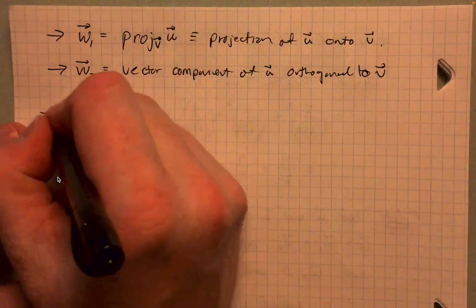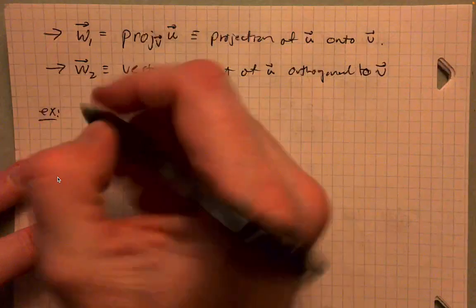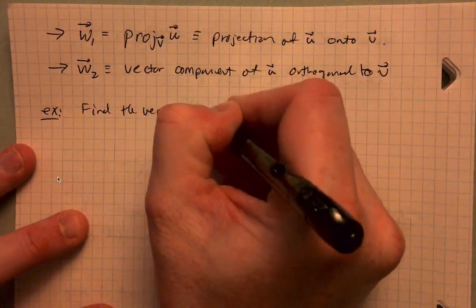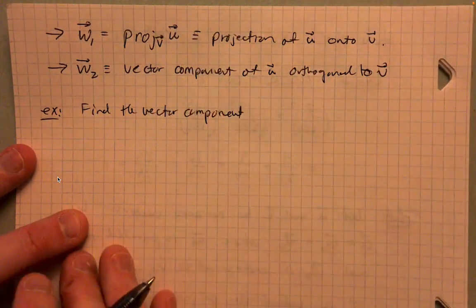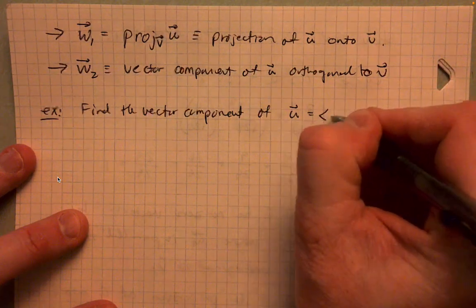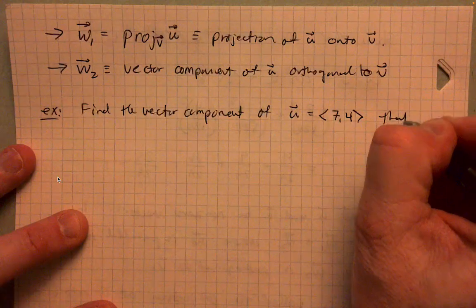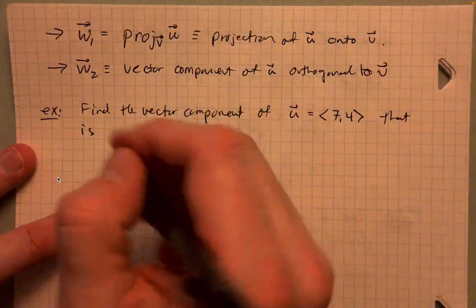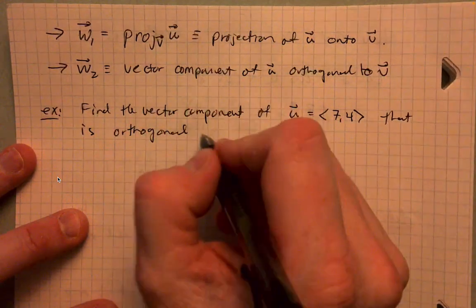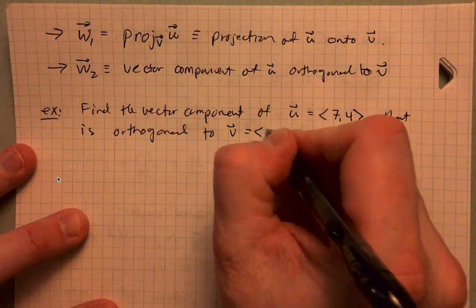Let's do an example using these. Let's find the vector component of u equal to 7, 4 that is orthogonal to v equals 2, 3.